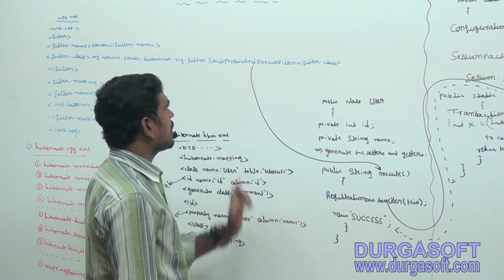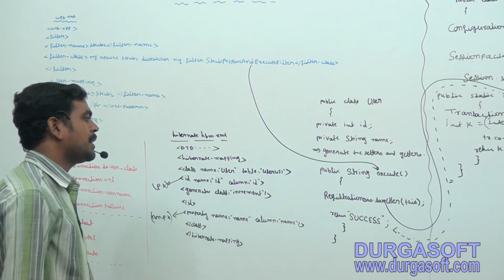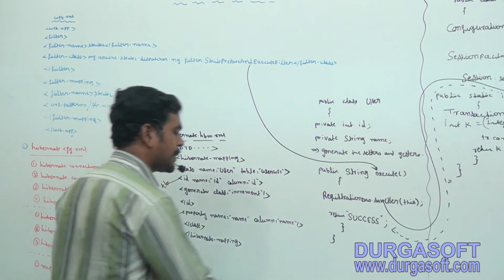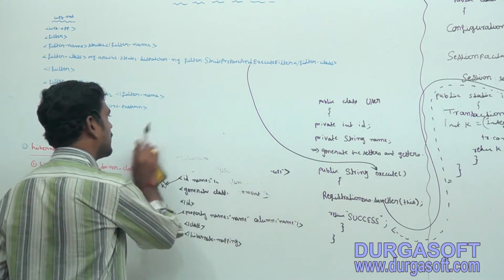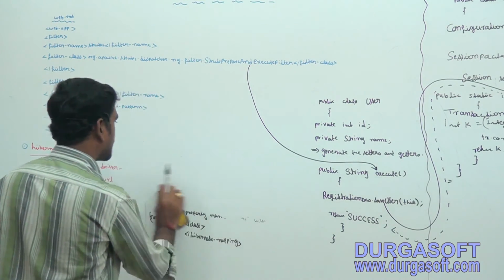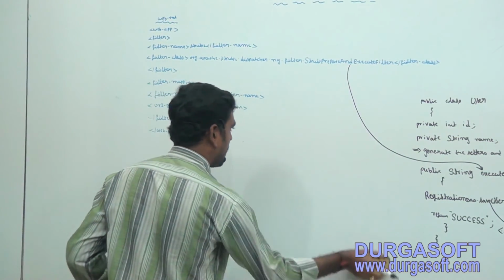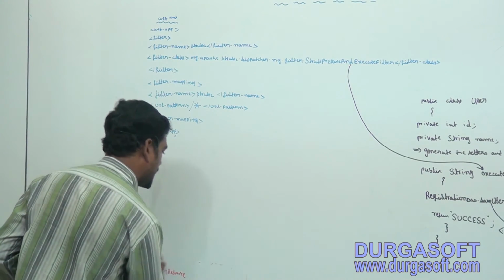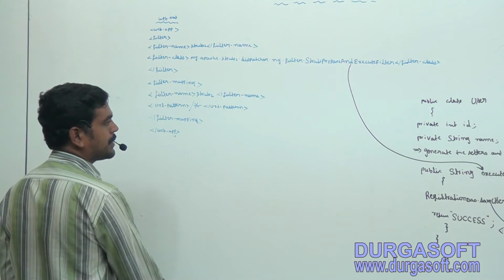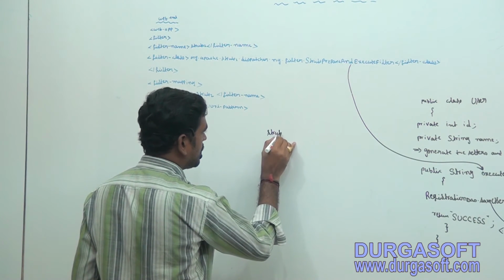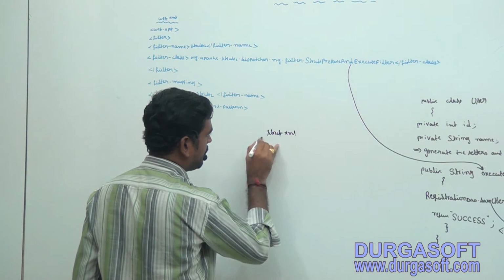Now this Struts prepare and execute filter is going to read the Struts configuration file. What is that Struts configuration file here? We will see. This is the Struts configuration file, struts.xml.